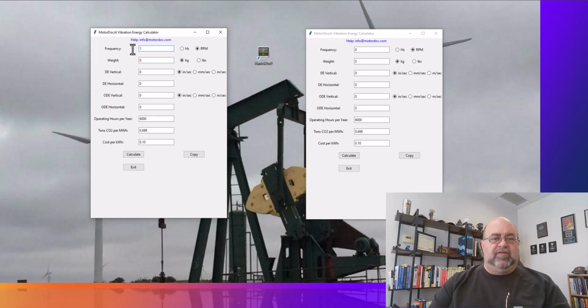The curve this is based off is off of individual defect frequencies. So let's say I'm looking at an 1800 RPM motor that's running at 1785 RPM.